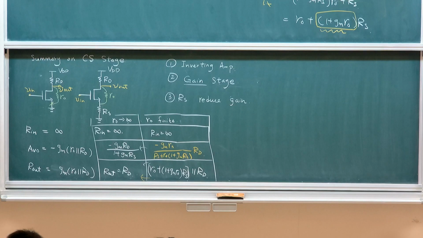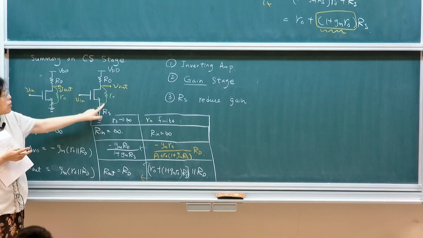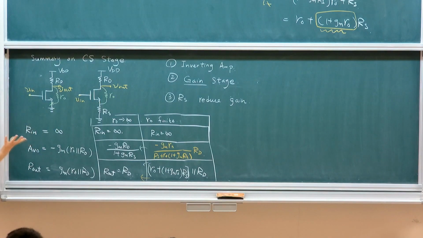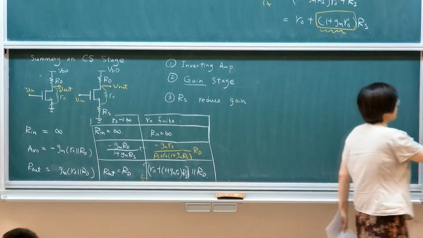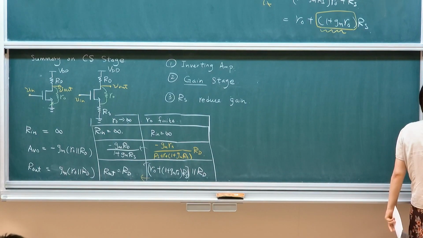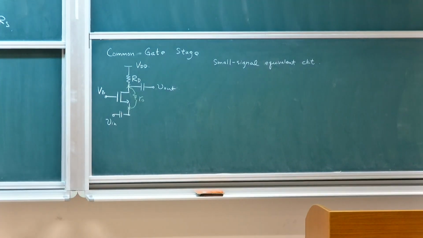So it's more complicated anytime when neither of the terminals is grounded. This also happens in the common gate stage because if you think about it, for the RO, both sides are not grounded. For the source follower, it's easier because your drain is grounded. So it's AC ground.